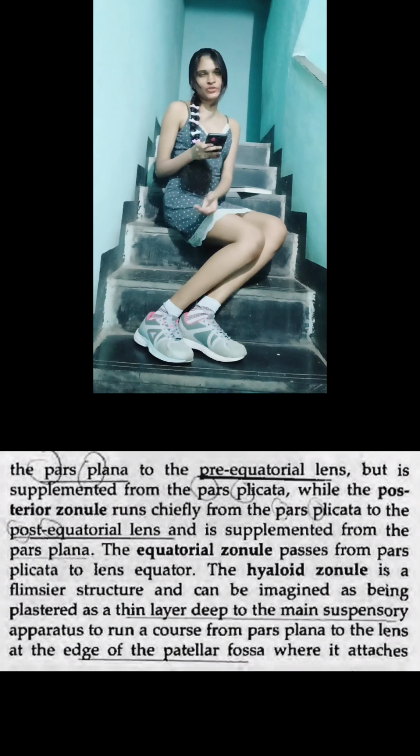So pre-equatorial, obviously, as the name suggests, from the pars plana to the pre-equatorial lens, but it is supplemented from the pars plicata. While the posterior zonule runs chiefly from the pars plicata to the post-equatorial lens, and it is supplemented from the pars plana. The equatorial zonule passes from the pars plicata to the lens equator.